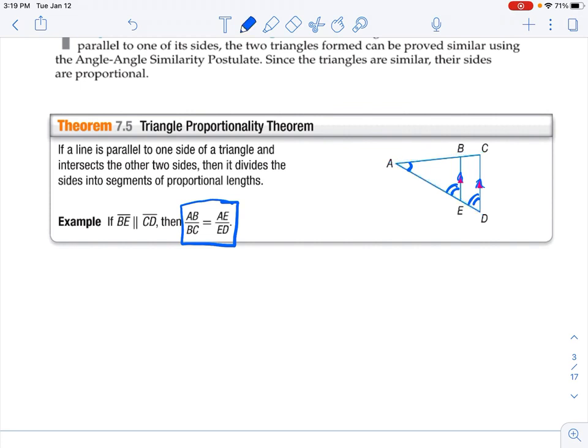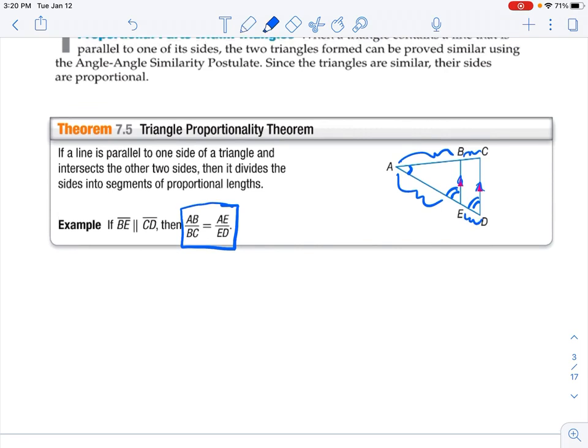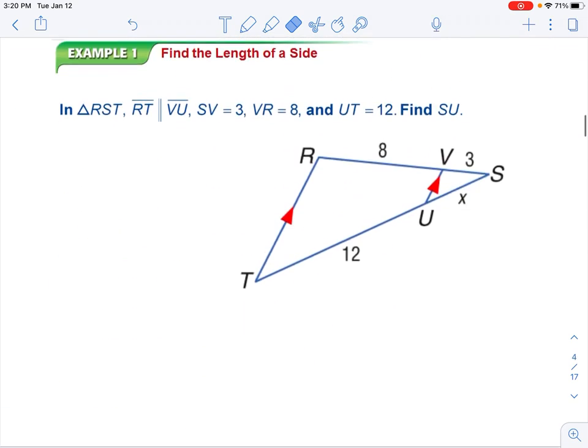We can then make a proportion based on that. So we have AB over BC equals AE over ED. Before, we would have done the small triangle over the big side and then the other side over the whole side. We don't have to use the whole side when we have parallels.